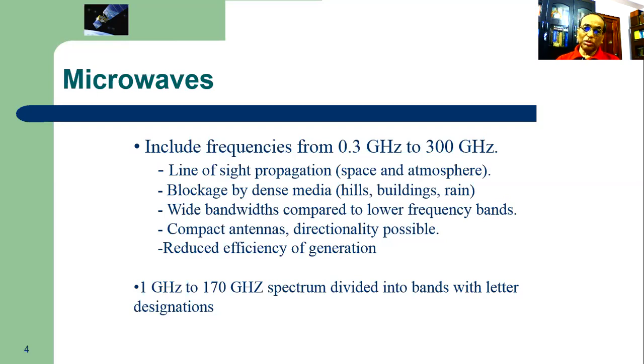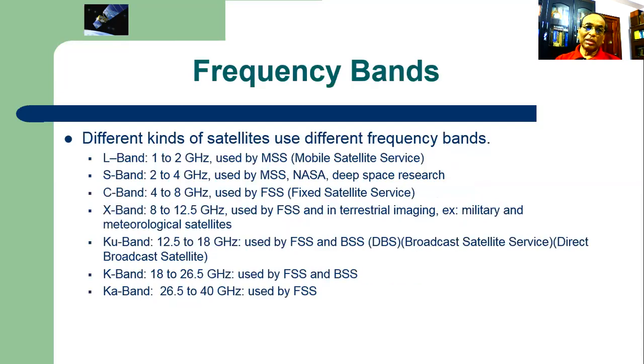The 1 gigahertz to 170 gigahertz spectrum is divided into several bands with letter designations. These are basically universally accepted band allocations and band designations.